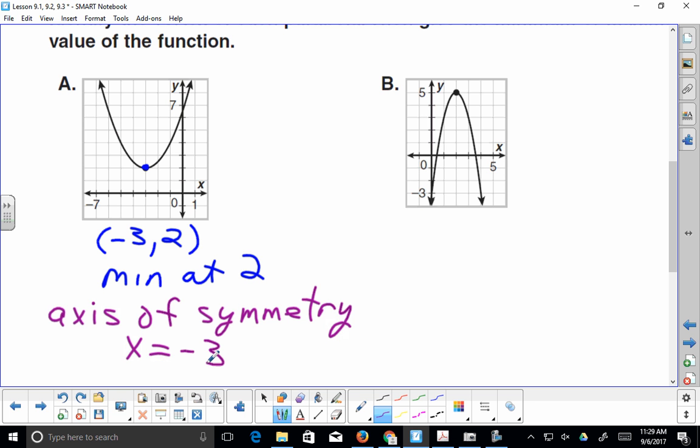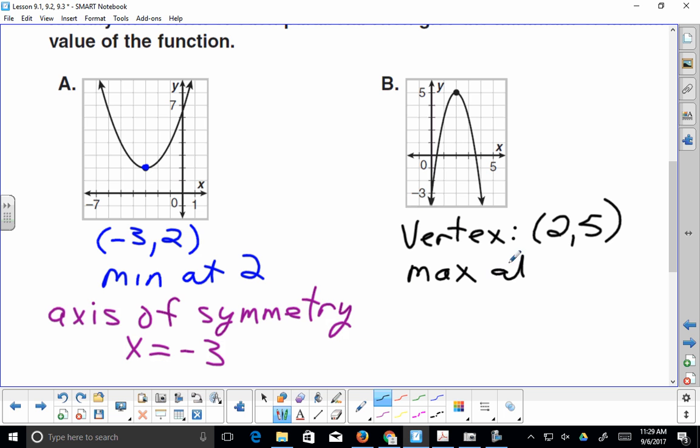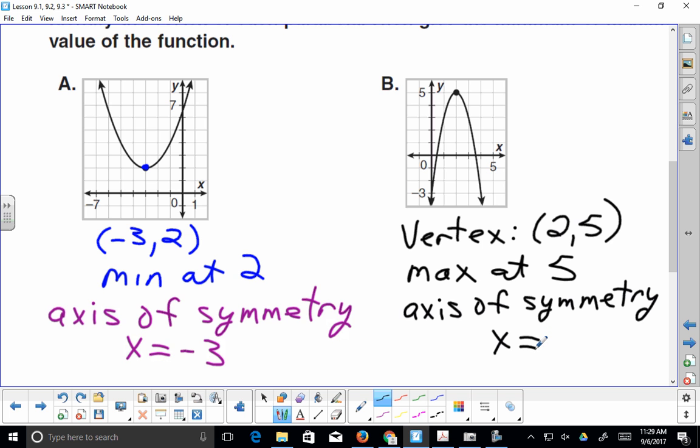Okay. All right, so letter B, our vertex here is at the point 2, 5. So it has a maximum at 5. And the axis of symmetry, which I'm adding in, all right, would be x equals, and it's a line, okay?